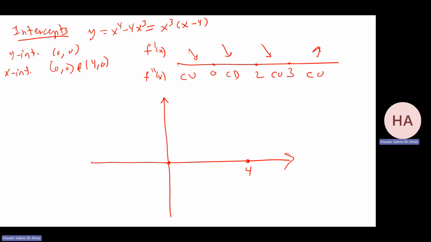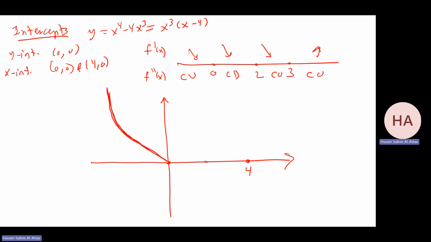Before 0, the function is going down and concave up. I need to check, take a negative value, for example, -1. I want to check if the graph is here or there. So take -1, it will be -1 times minus, that will be positive. So the function is going down and concave up. Do something like this. Now between 0 and 2, it still goes down, but concave down.